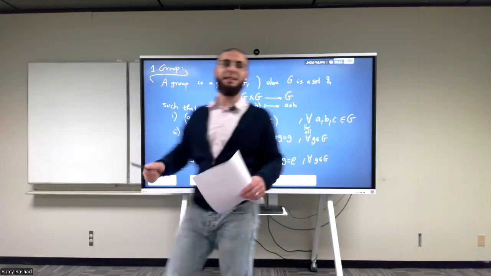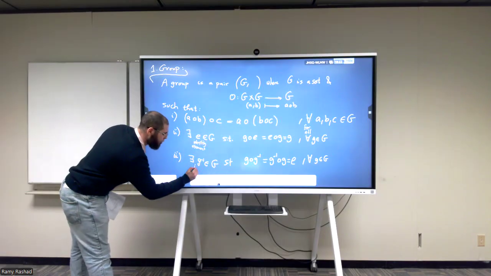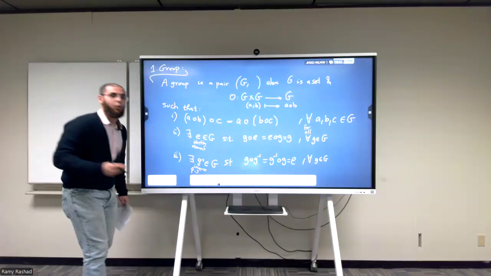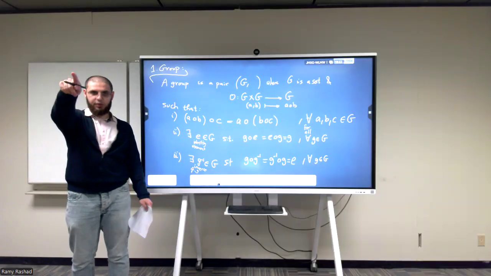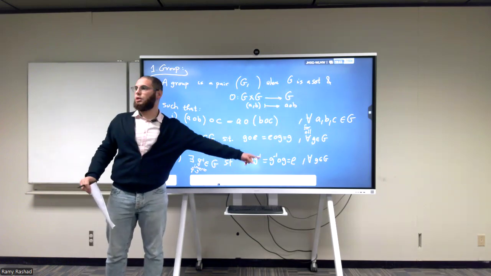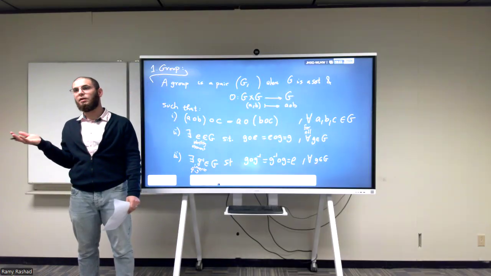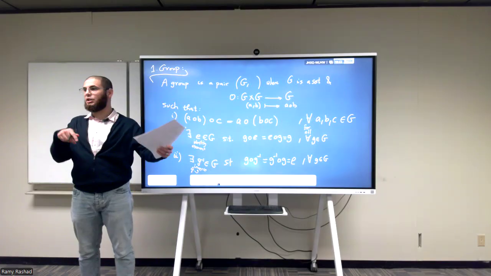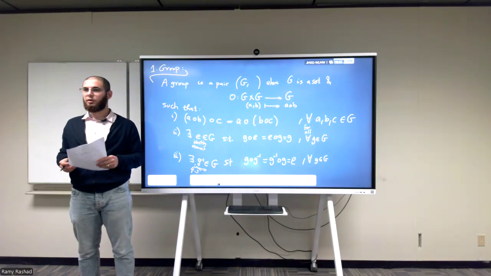And what you just said is precisely what we usually call the inverse of G. What does inverse of G mean? It refers to the element that satisfies this condition for the given G you're talking about. So I start from some G, and there always exists some element in G that I call G inverse that satisfies this equation.